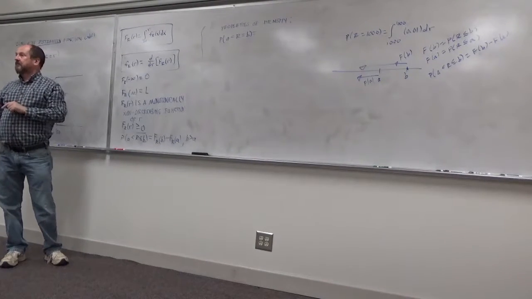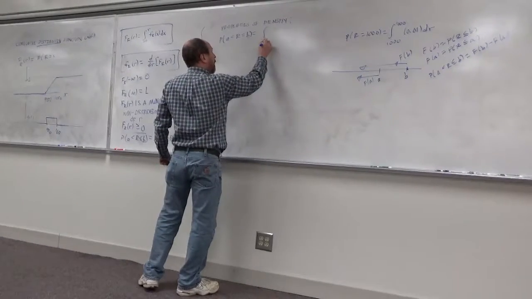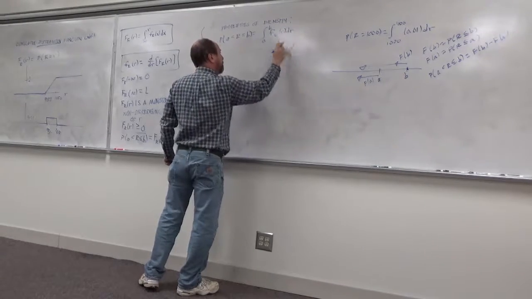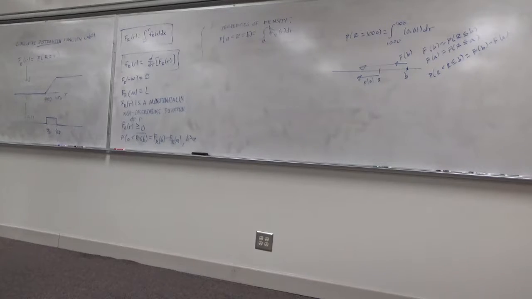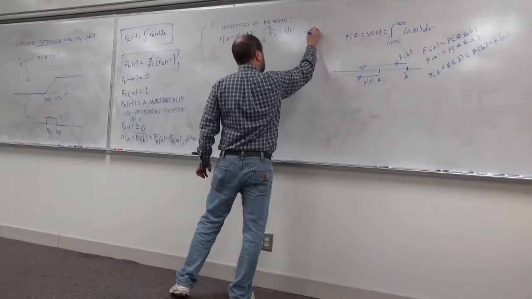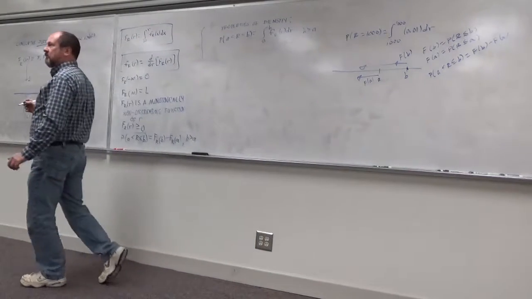You integrate. Okay, so in this case, that will be the integral from A to B, f sub r of little r dr. Right? The integral gives you the probability of being in any particular interval, again, assuming B is greater than A. And if B is less than A, of course, the answer is 0.